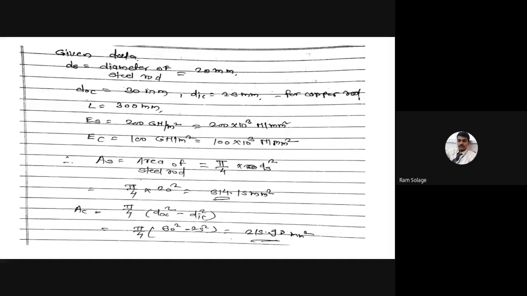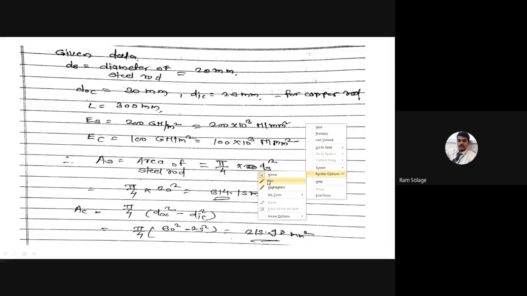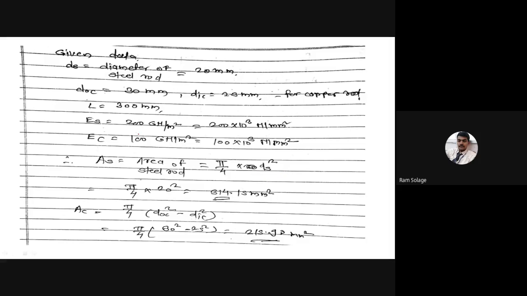ES is equal to 200 giganewton per meter square. How to convert giganewton per meter square? That is 10 raised to 3. Already I have given an explanation of how to convert. Giga means 10 raised to 9, and meter square we have to convert to mm square, which is 10 raised to 6.